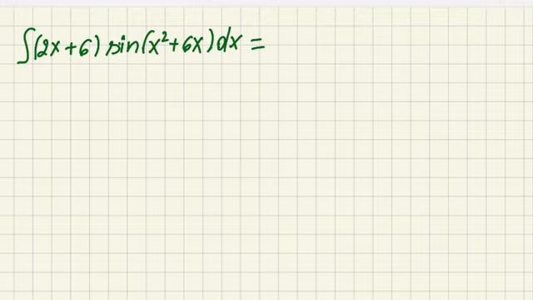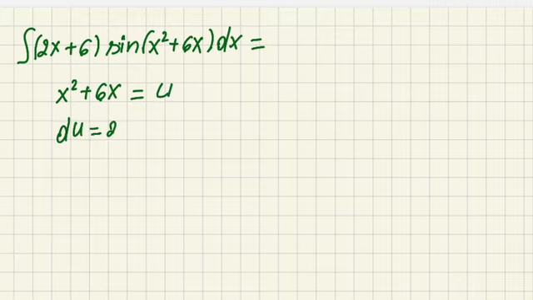Let's continue with another type of integral. We have x squared plus 6x. Again, I need to substitute with u. And the derivative of u for us would be equal to 2x plus 6 dx. In fact, I have 2x plus 6 dx, and I can write this as du.